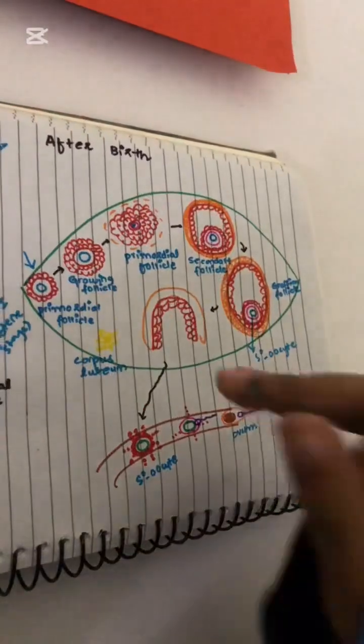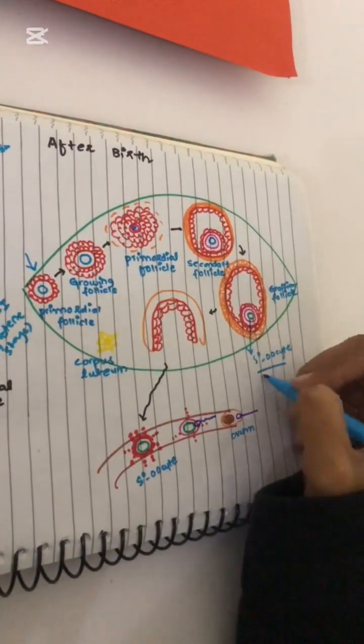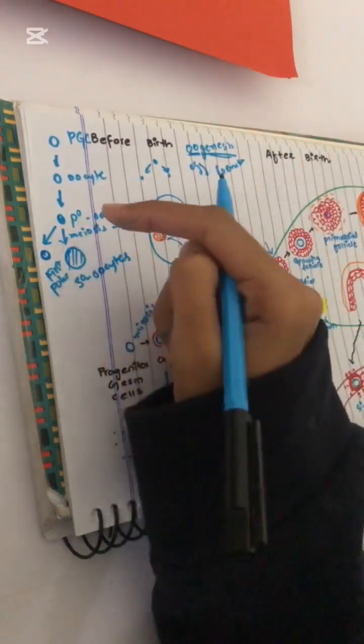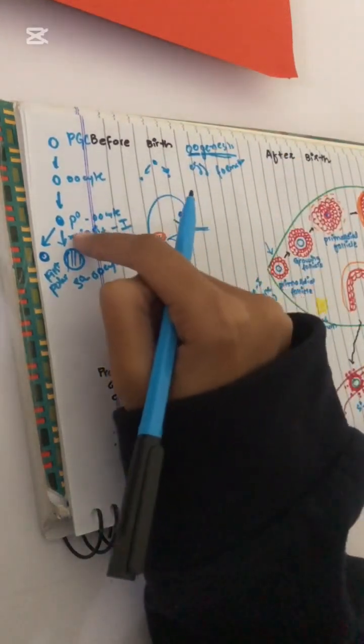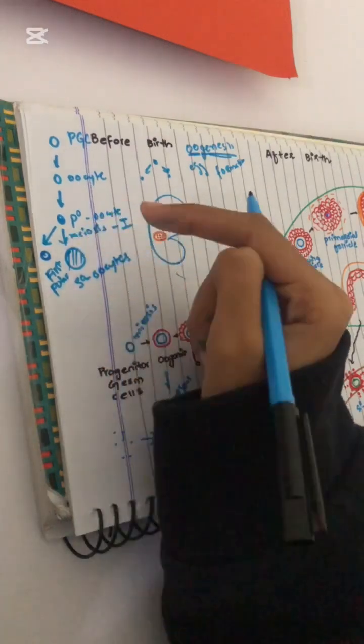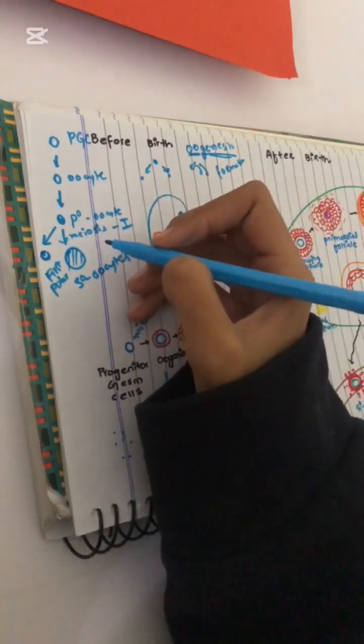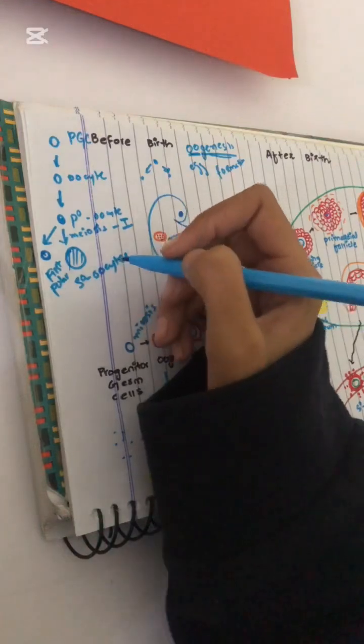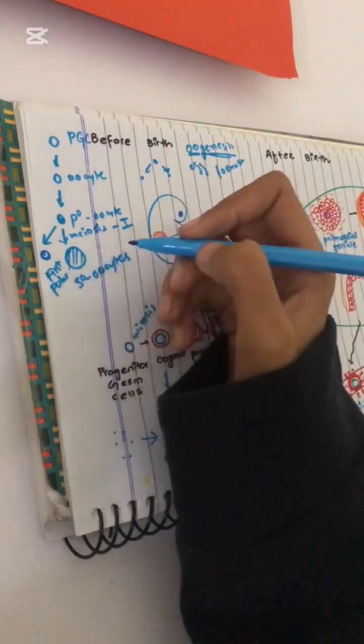Now the secondary oocyte initiates meiosis 2. Meiosis 1 starts before birth and becomes arrested in prophase 1. When puberty happens, under the influence of hormones, it completes meiosis 1 and divides to form the secondary oocyte and the first polar body.